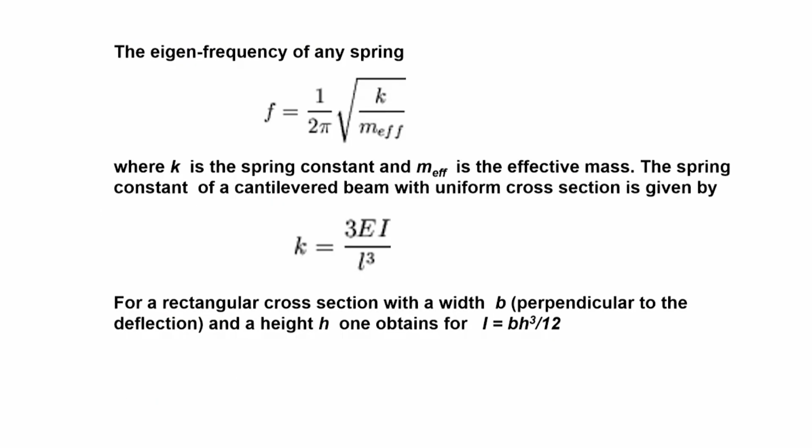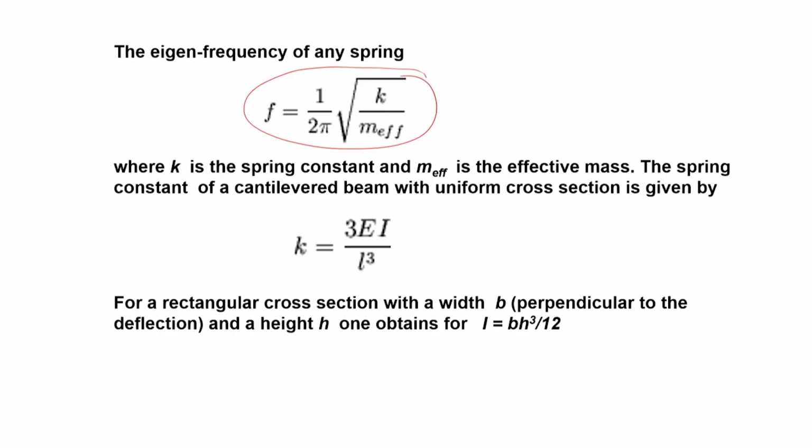Now, let us come back to the probe. The probe has some natural frequencies, which can be described with the help of this equation, which is of the form square root of k by m, in rad per second. So, the question now is, what is the k?